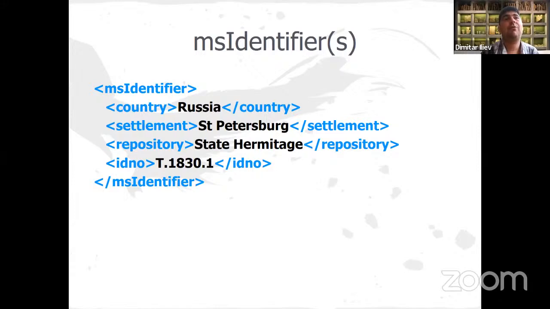That is nowadays Russia and Ukraine. If you're making a small project with inscriptions from only one place, I believe this is not obligatory, so you can leave the country tag empty, but don't suppress it, don't take it out of your template, because it will give a mistake. You can have additionally a settlement. You can have a repository, which could be a GLAM institution, a museum, an archive, and things like that.